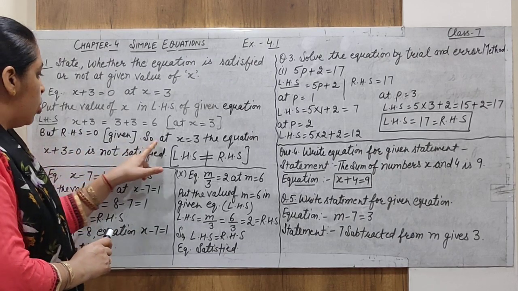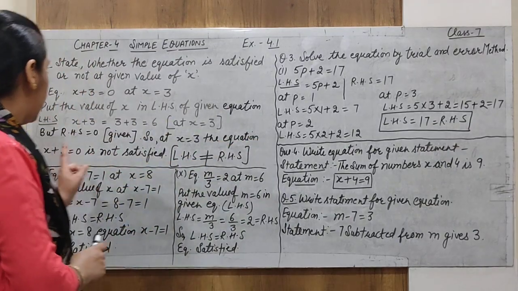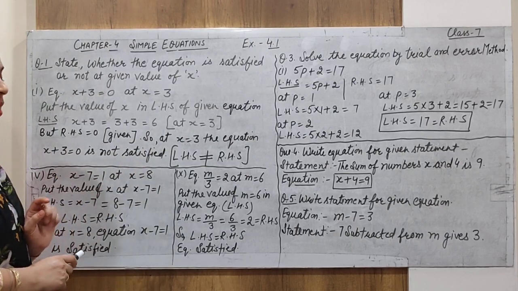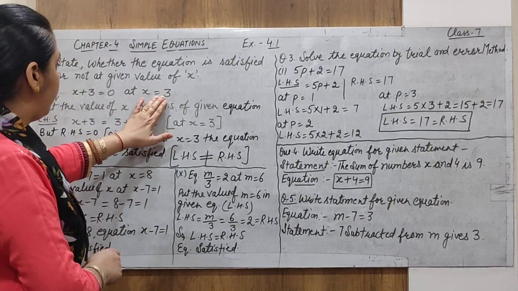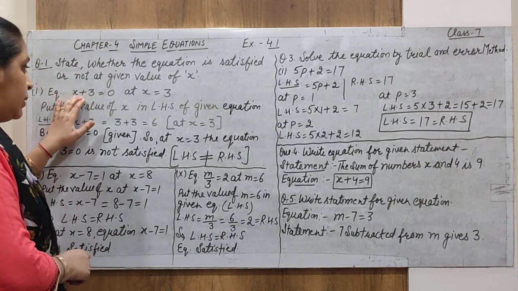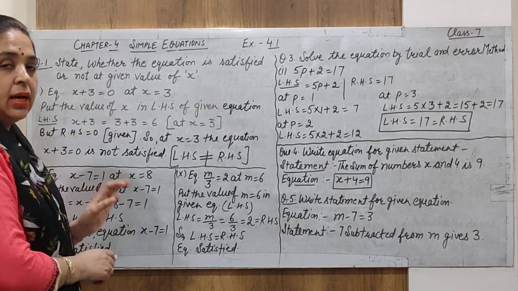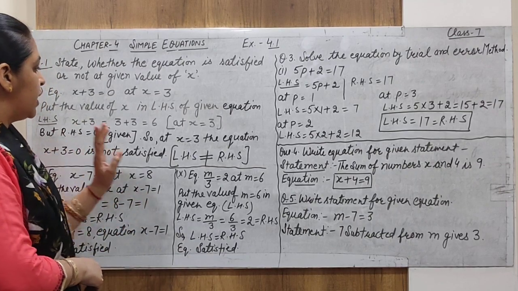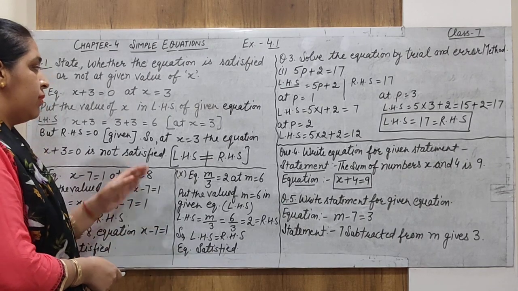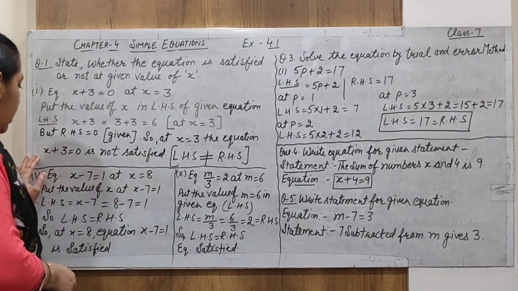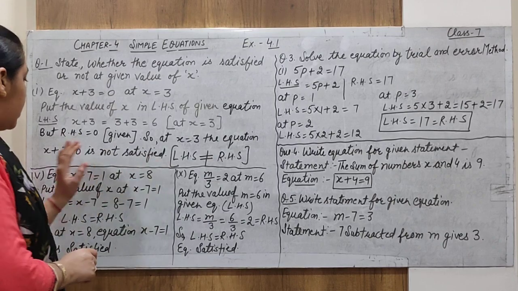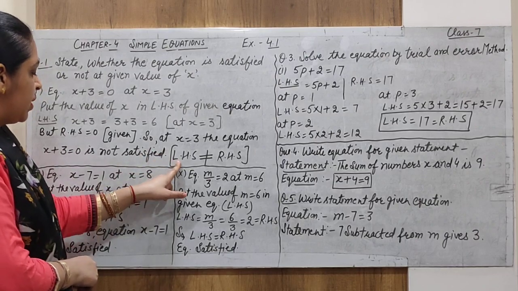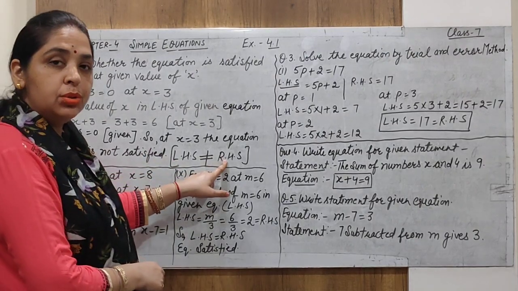So, at x is equal to 3, the equation x plus 3 equal to 0 is not satisfied. After putting the value of x in the equation, wherever the x is present, if the left hand side is equal to the right hand side, we get that the equation is satisfied. Otherwise, we have to write the equation is not satisfied. So we must write left hand side is not equal to right hand side.